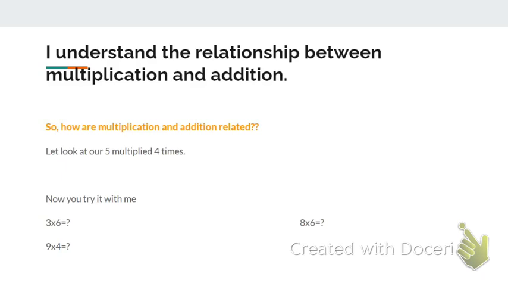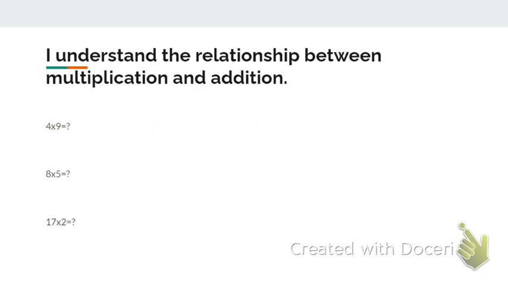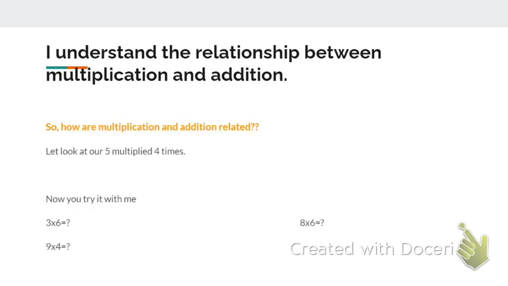Here's one group of 5, right? It's just 5. And then I have another group of 5. So now I have 2 groups of 5. And now another. And now another.